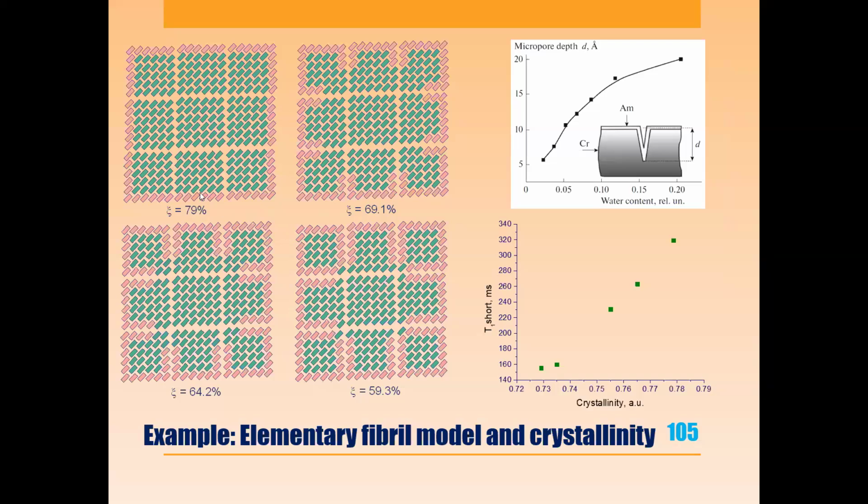Looking at the structure of the elementary fibril of cellulose, there are several different models. We can see that with the dry sample, which has crystallinity of around 80%, the amorphous part of the sample is just the surface, and the elementary fibrils are very much ordered inside this cross section, and they are totally crystalline.